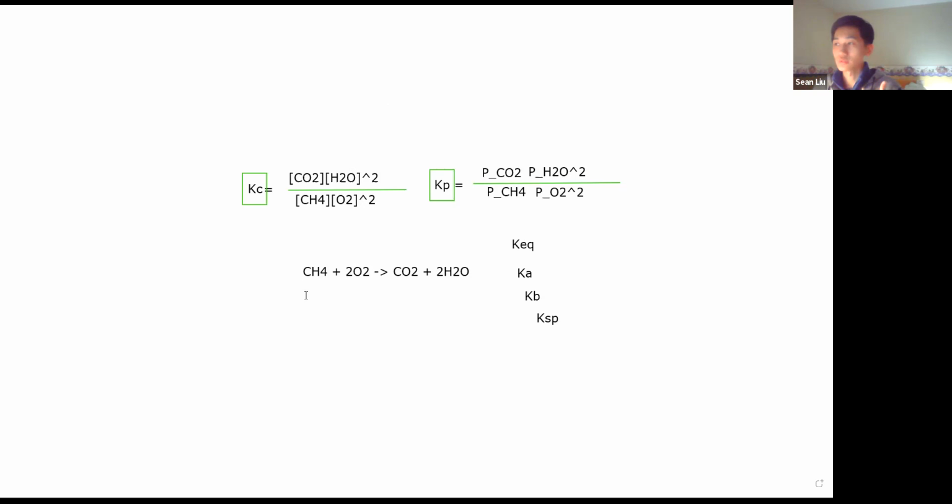So let's say you produce H2O liquid in a certain reaction, then you don't include that in your expression. Liquids and solids are not included in equilibrium expressions. They behave differently. The fact that they exist is enough for a reaction to go. They don't really impact equilibrium. Yeah, that's a good point. Thanks for bringing that up, Angelina.